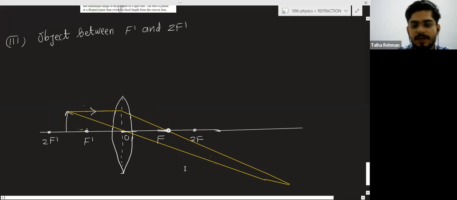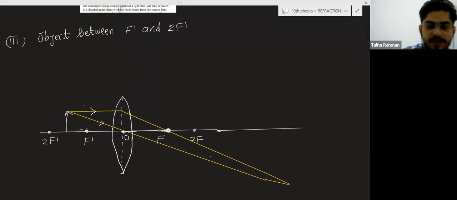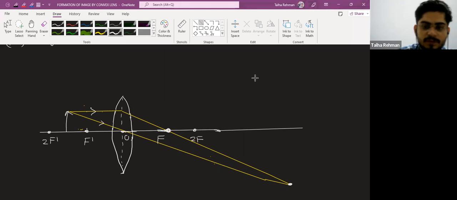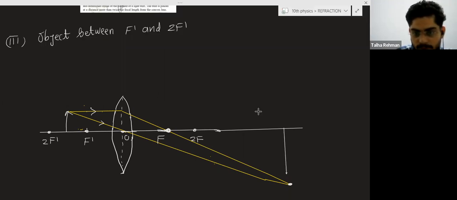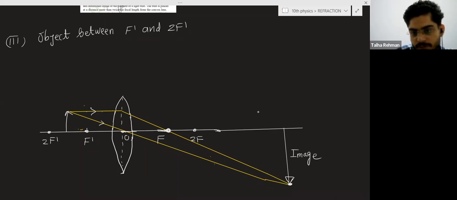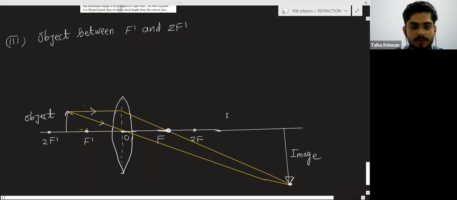This ray will go like this, and the second ray from the object passes from the optical center and goes straight and meets at this point. Both rays meet at this point, so you can say this is the image, and this is your object.